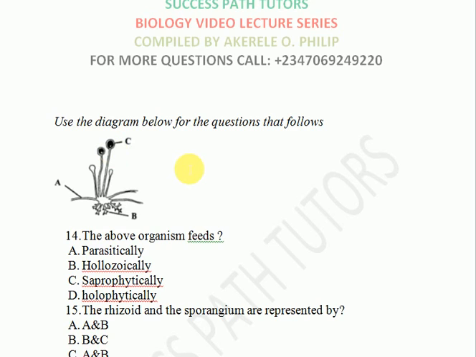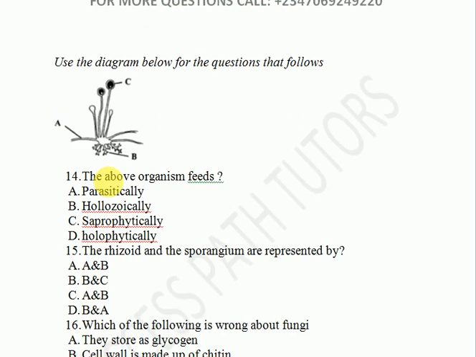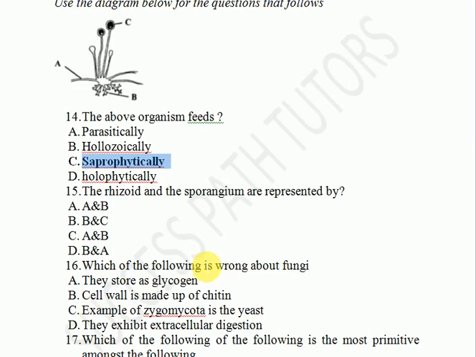Let's label that. A is your hyphae, B is your rhizoid, C is your sporangium. Fungi generally feed saprophytically. You should know that fungi feed saprophytically.